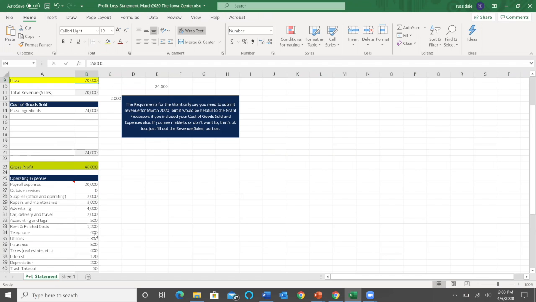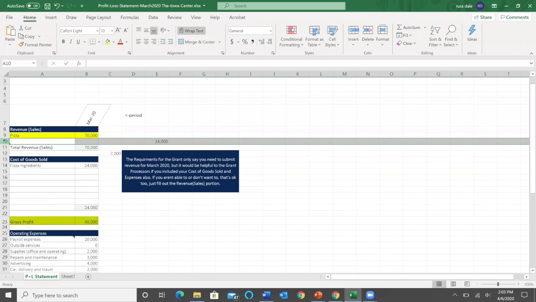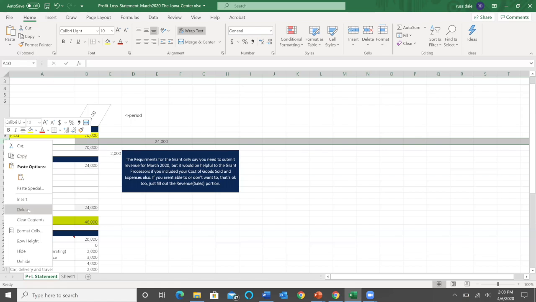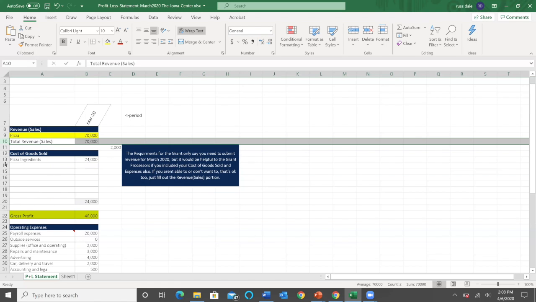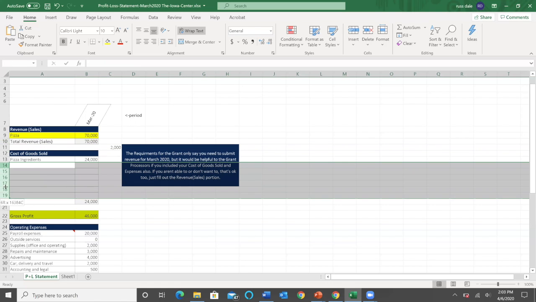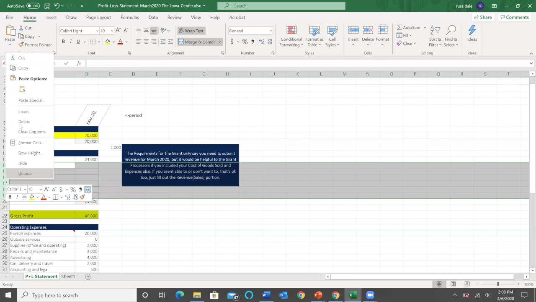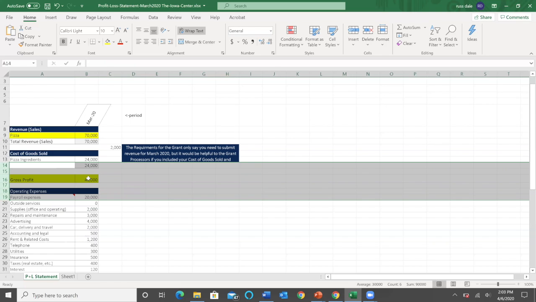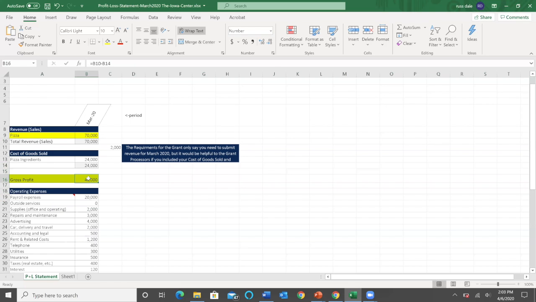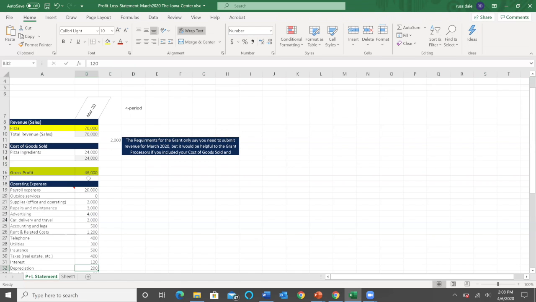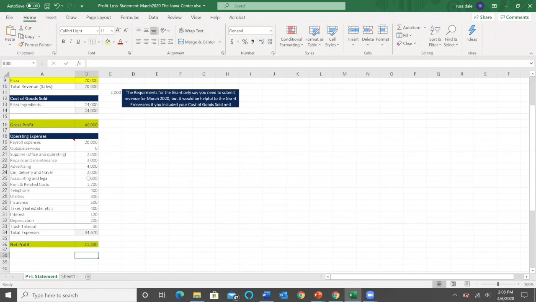Again, if we want to make this look nice, get rid of these. You get rid of that too. That's fine. All that really matters is these two columns. So after all my expenses and after all my cost of goods sold, I had $11,333. And that is my sample profit and loss statement.